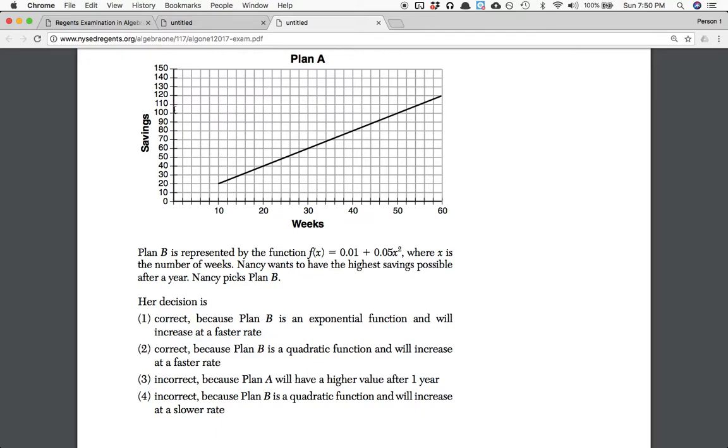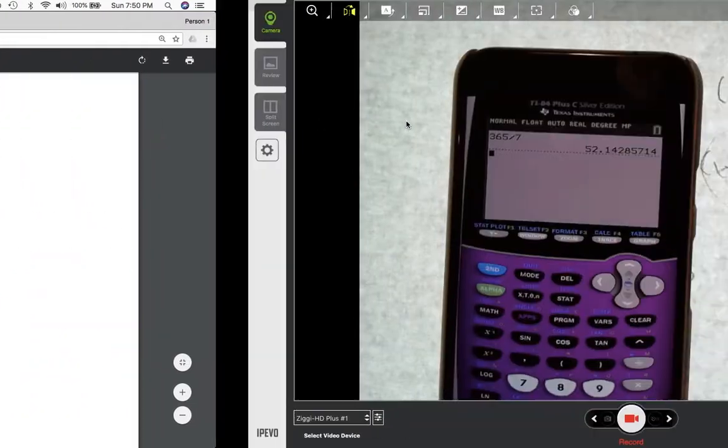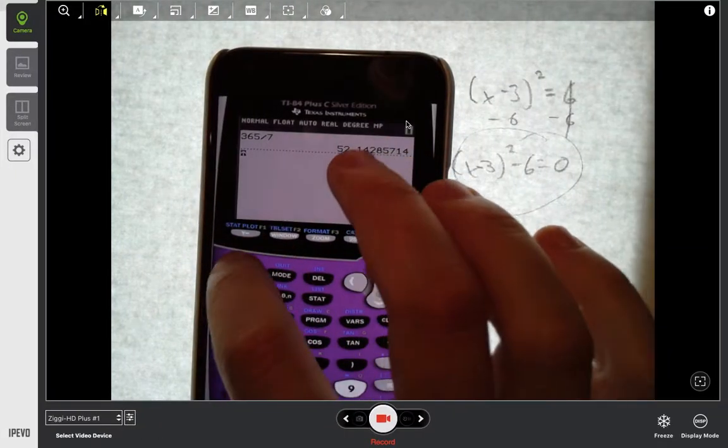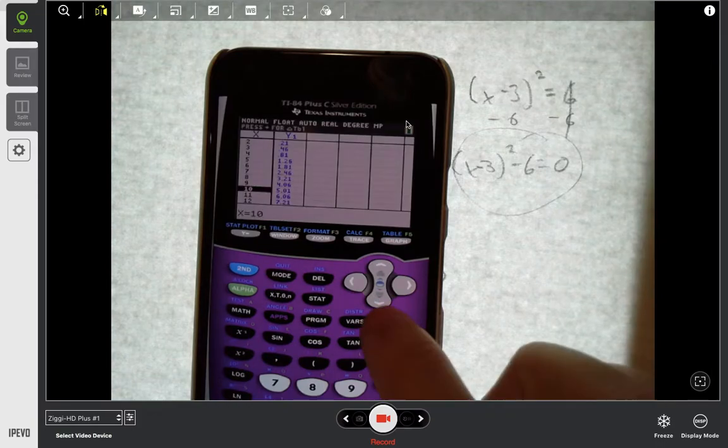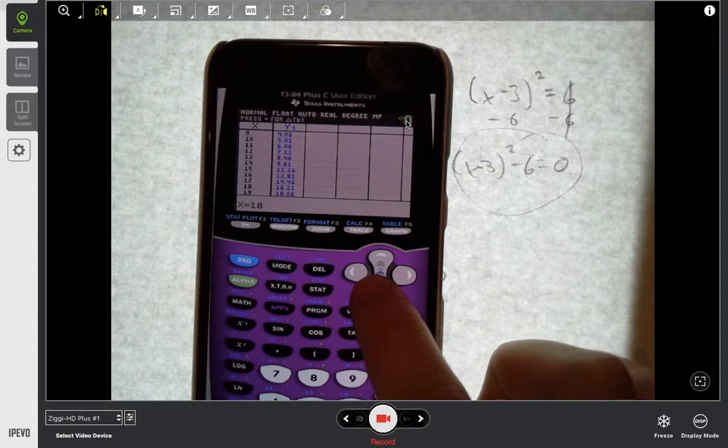It's at about 105 for plan A. And now we just got to come back and check plan B. Go back to our table, and we just take the long time to scroll down to 52 weeks over here in the x, and we'll see what plan B is looking like. And you see with this exponential function, it started out at 5, but it's rapidly increasing.